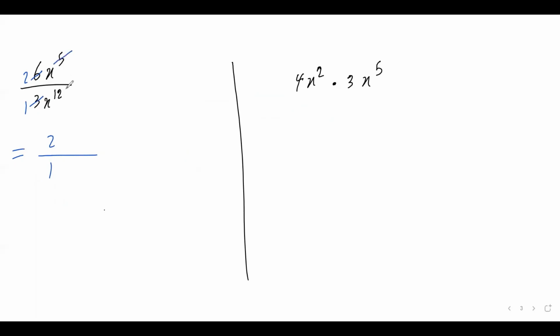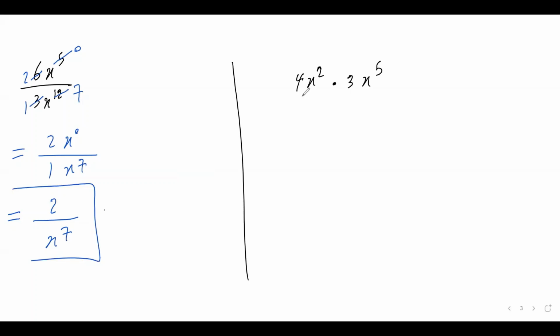Again, this 5 cancels 5 of this 12, so I will be left with 7, and over here is 0. So on the top we have 2 times x to the power of 0, and the bottom we have 1 times x to the power of 7. And again, 2 times anything to the power of 0 is just 2. So I have 2 on the top. In the bottom, I have x to the power of 7. And this is our simplified version of this expression.